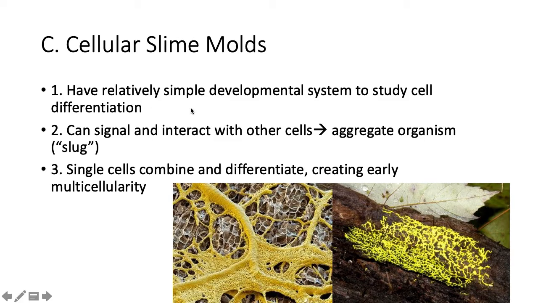They do have a relatively simple developmental system, and we tend to study their cell differentiation. They can also signal or interact with other cells. And because these cells communicate and interact with one another, it's an aggregate organism. So we have cells that are somewhat individual, but they're communicating and working together with other cells. And when this happens, we call that a slug.